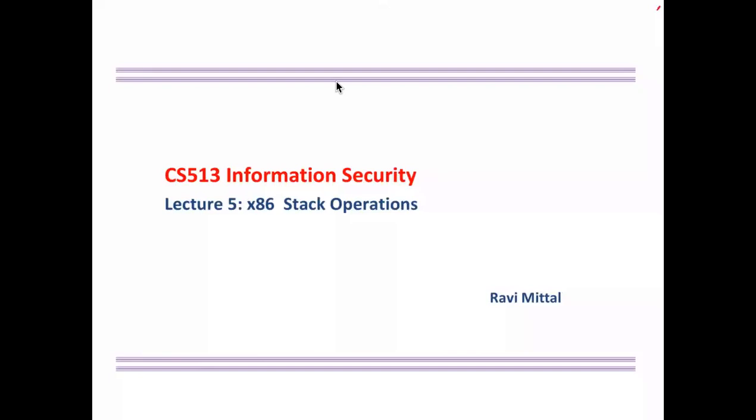So we'll study the buffer overflow problem a little later. Today we'll try to understand how the stack works. Once you understand it, then you have to write code such that you can basically run malicious code, or any code that you want.